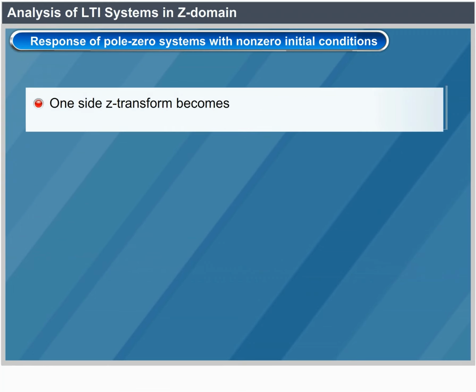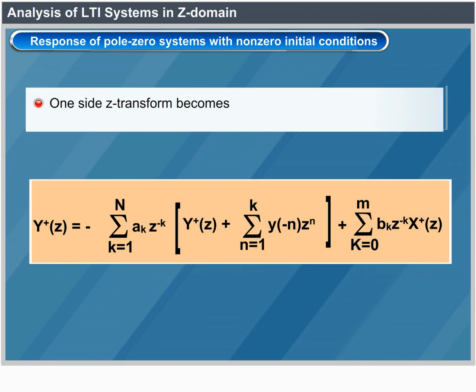The one-sided Z transform becomes Y plus of z equals minus summation k equals 1 to N of a_k into z power minus k within the bracket Y plus of z plus summation n equals 1 to k of y of minus n into z power n, plus summation k equals 0 to M of b_k into z power minus k into X plus of z.